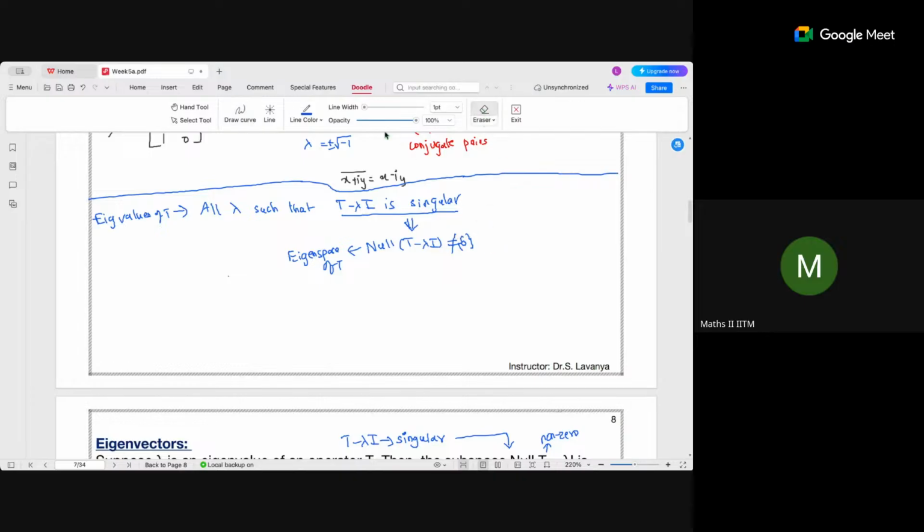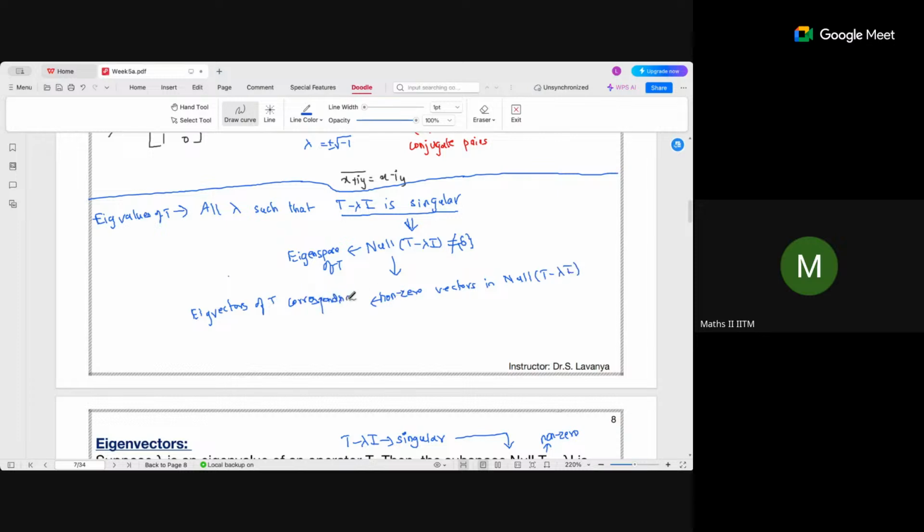Okay, now the non-zero vectors in null of T minus lambda I, they are nothing but eigenvectors of T corresponding to this specific lambda.